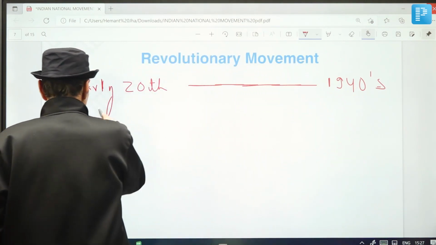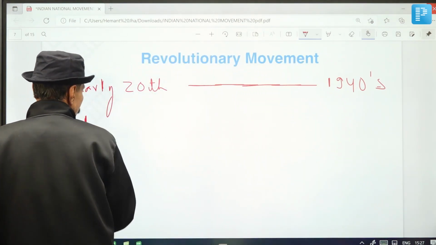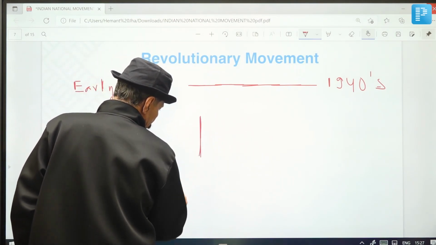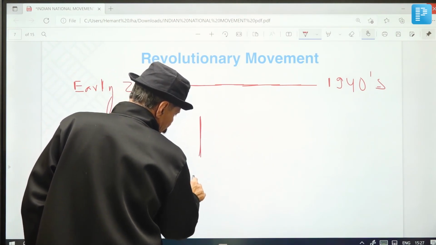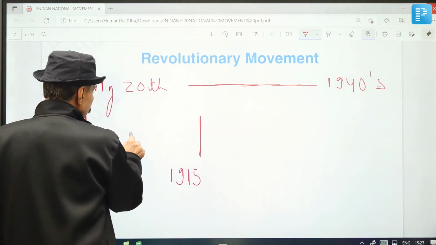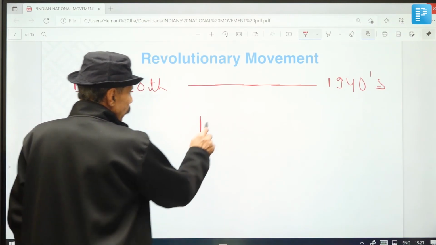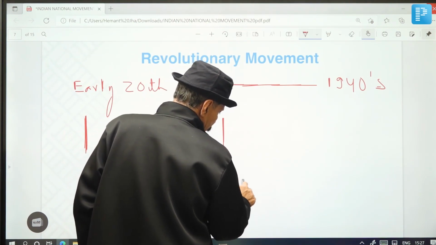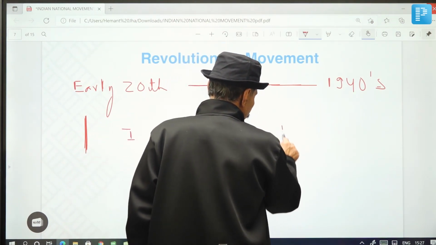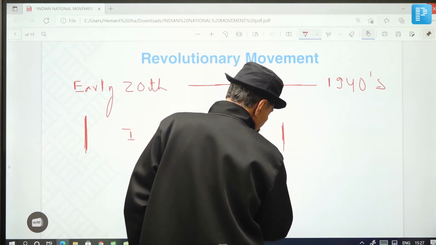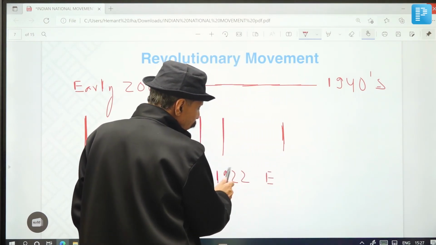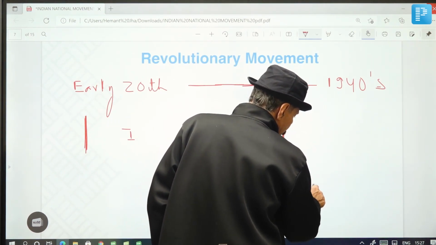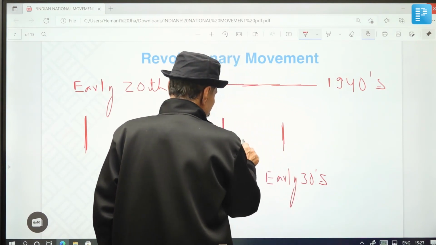And these breaks are: early 20th century to 1915, that represents the first phase of the revolutionary movement. Then 1922, or you can say after 22, to the early 30s. This represents the second phase.